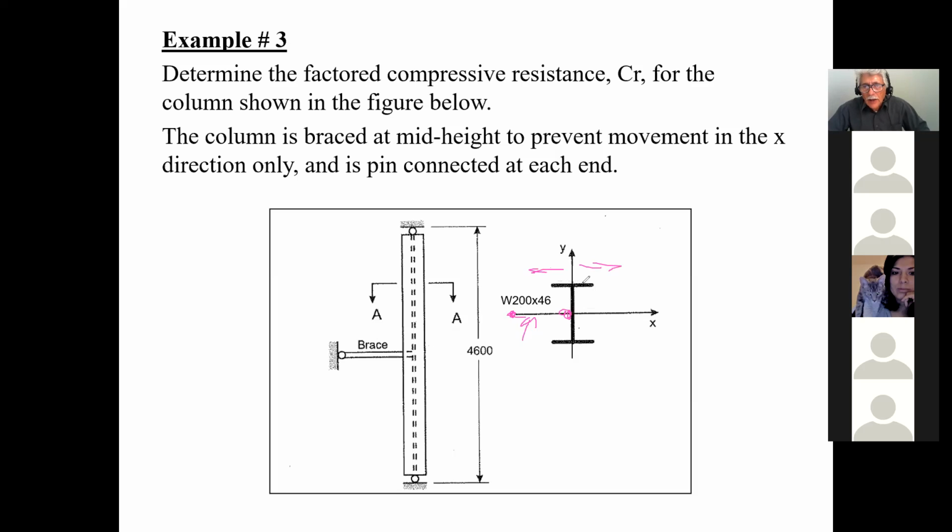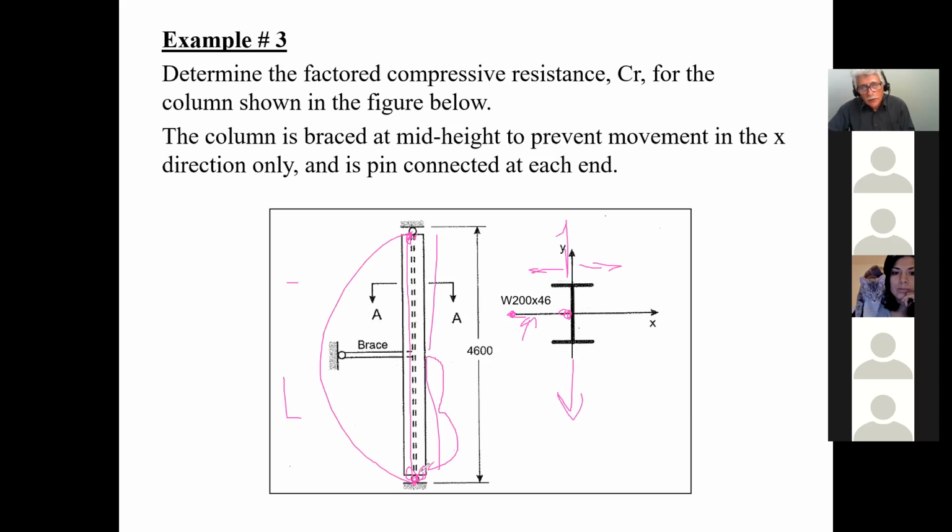If I look at it in plan view, that's the x-axis. The x-axis is completely free to move from here all the way down to here. So for the x-axis, this becomes my L value, and for the y-axis, this becomes my L value, because y can only move from here to here and from there to there, and the x can still move from here to here.